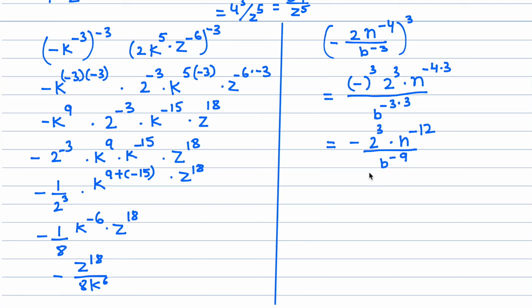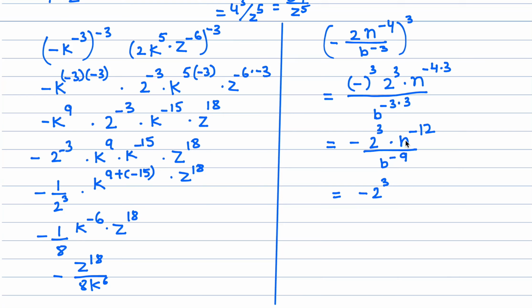Let's check, are we correct? Yes. Now our answer should be in positive exponents. Should I consider negative 2 to the power 3? Stop and think. No, we will not, because it's negative in multiplication, not in power. So here it will be as it is, negative 2 to the power 3.